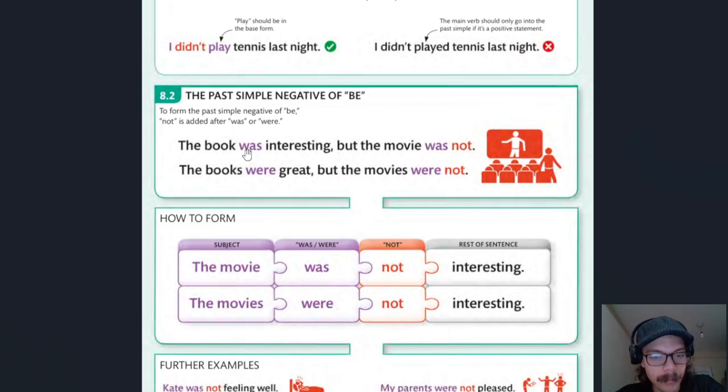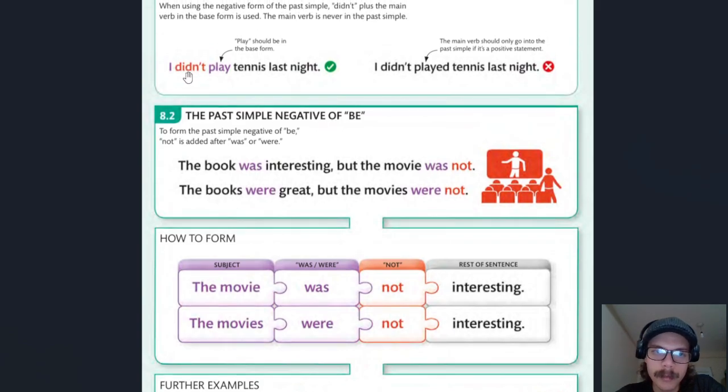Now, if you remember from the previous video, the verb be has two different forms in the past. It can be was when you're talking singular, or were when you're talking plural. Okay? The rule is going to be the same for both. And the rule essentially is add not after the verb be.